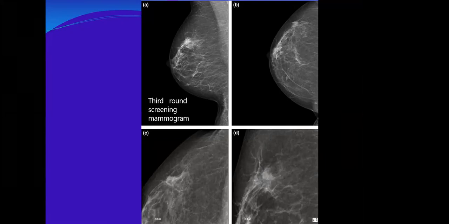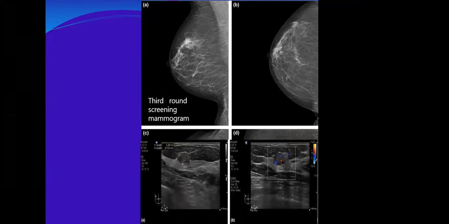It might be a mass, but there is some distortion in the area, so I have to go for ultrasound. And this is the ultrasound. Ultrasound shows an ill-defined, irregular, mixed echogenicity mass with increased vascularity and a cutting sign. I see the cutting sign here.